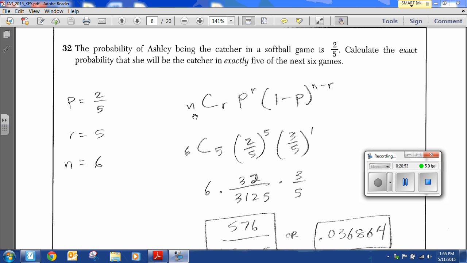In other words, it's N choose R, the probability of success raised to the number of successes, times the probability of failures to the power of failures. So we end up basically with 6 choose 5, 2/5 to the 5th power, and since 1 minus 2/5 is 3/5, it's 3/5 to the 1st power because 6 minus 5 is 1.